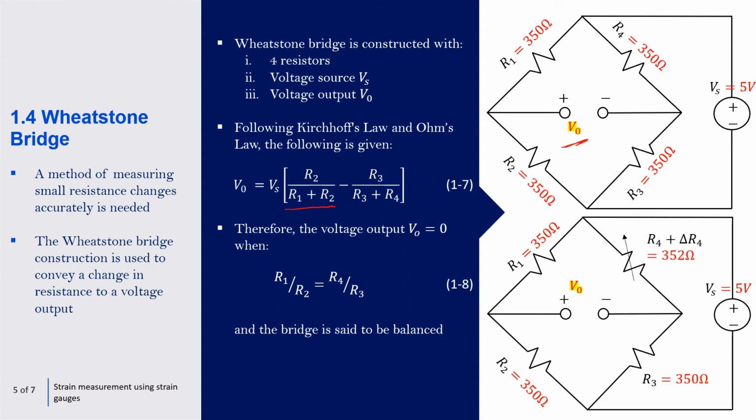Therefore, the voltage output is equal to 0 when R1 over R2 is equal to R4 over R3, and the bridge is said to be balanced.